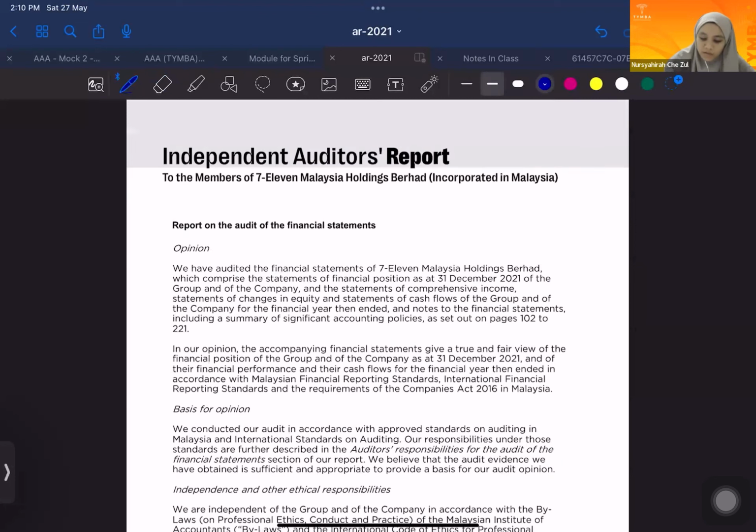It's relating to opinion and basis for opinion, like how do you derive an appropriate opinion? Okay, just now we covered this part. So now, as auditor, the next step is to consider what other paragraphs we might need to include.